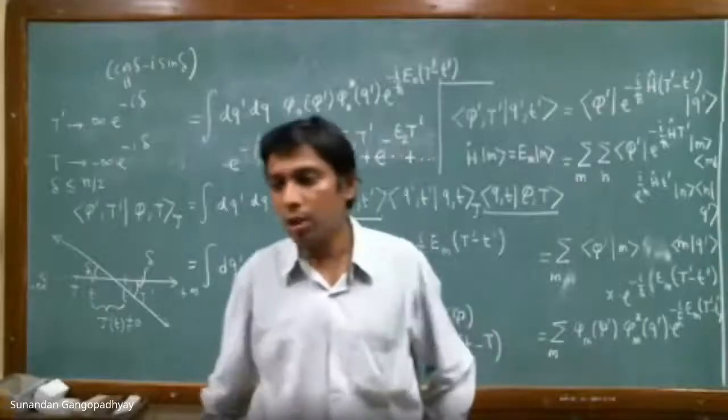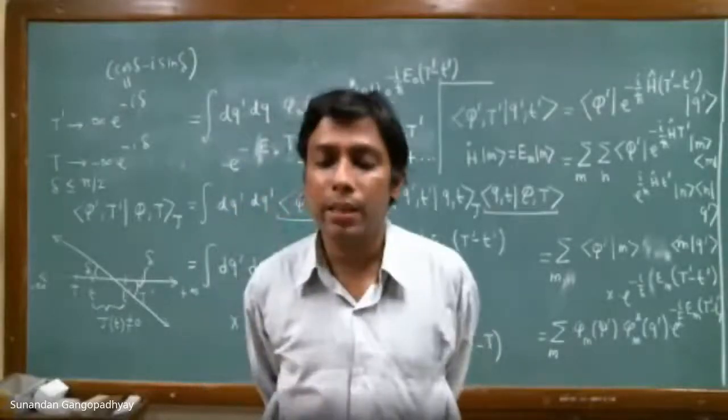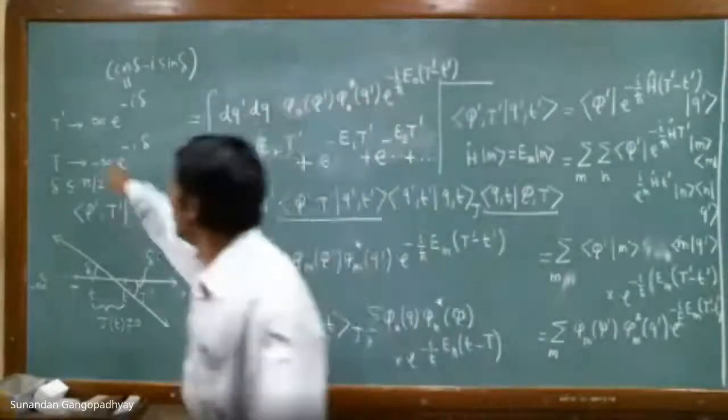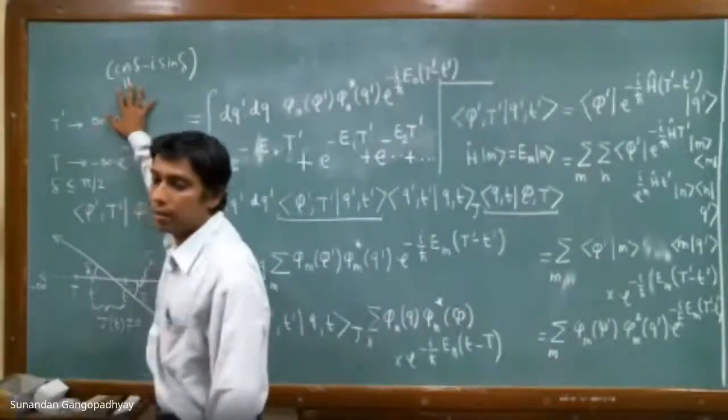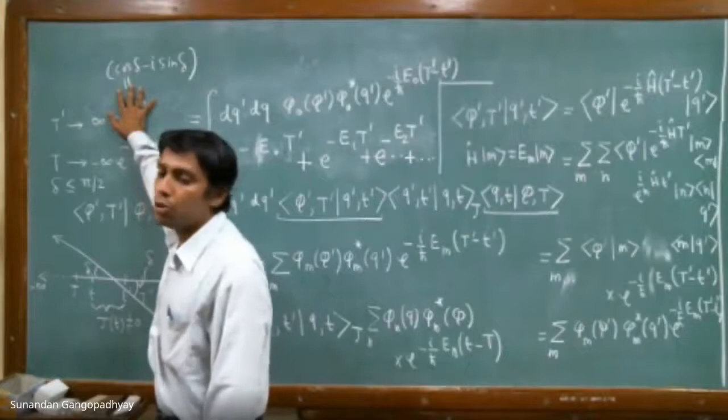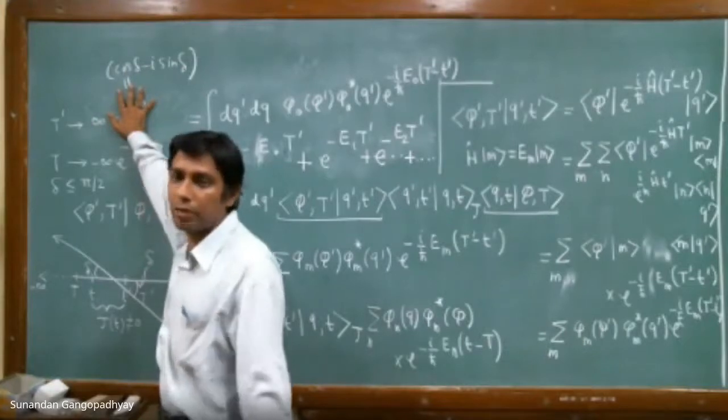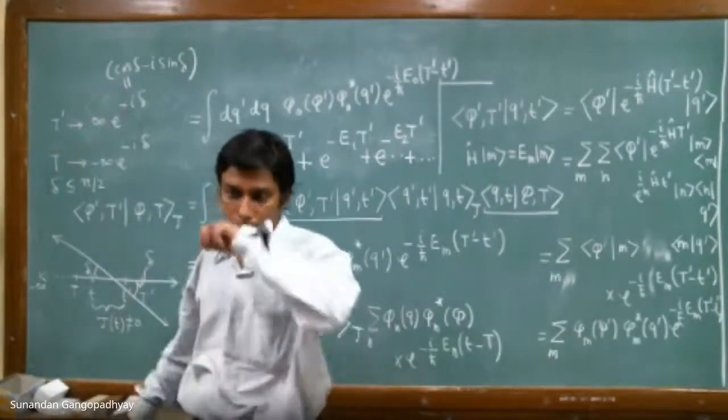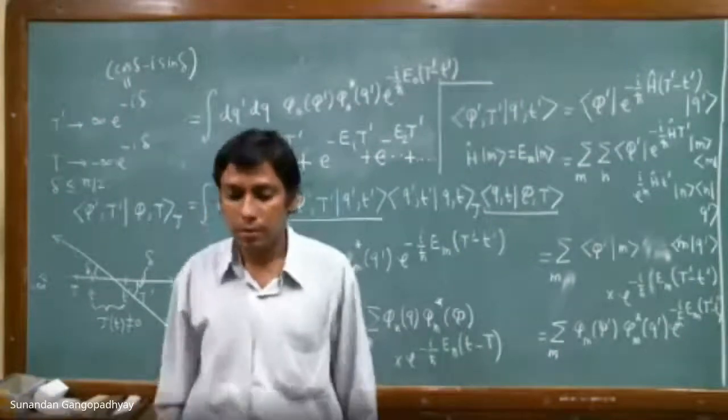I am saying, how can we rotate an axis like e to the power minus i delta? I mean, I choose T prime very large. Yes, you can always choose T prime to be very large, right? So that is this limit. Forget about this part. If you choose T prime to be plus infinity, you can always take that limit. That is okay? Yes, sir.